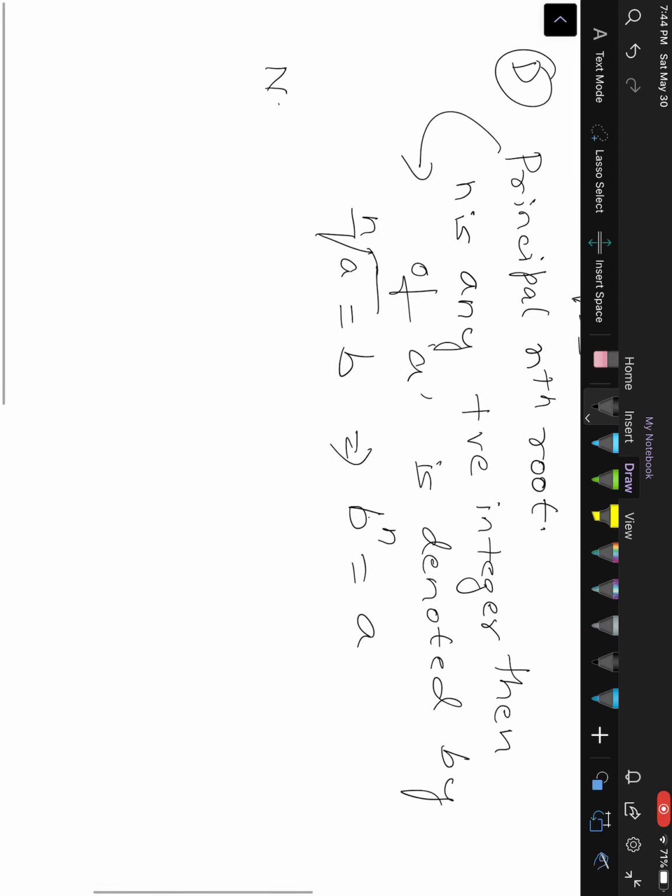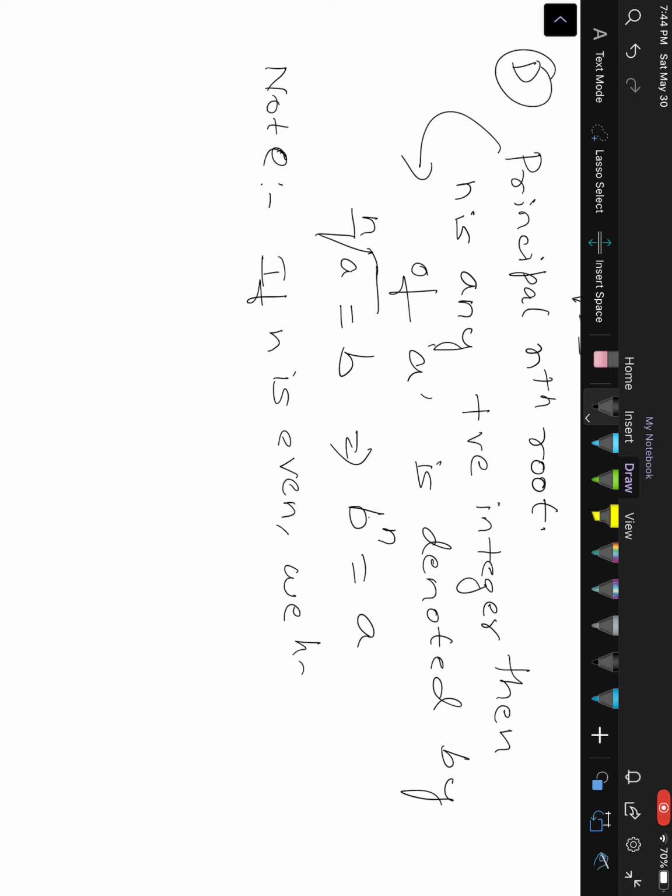So note, this is an important note. If n is even, we have a always greater than or equal to 0 and also b greater than or equal to 0. Here we have an "and", which means these two statements have to be true all the time.